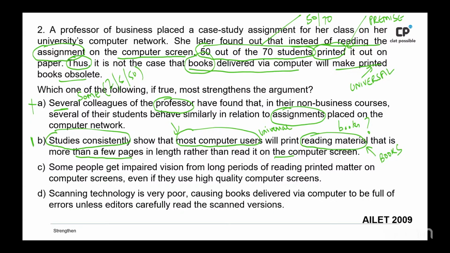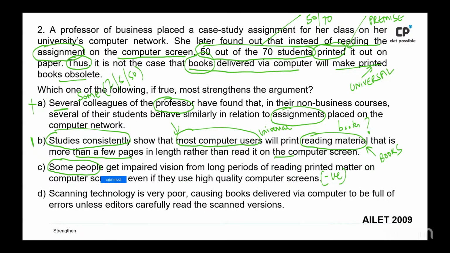C. Some people get impaired vision from long periods of reading printed matter on computer screens, even if they use high quality computer screens. So again, this shows a potential downside of reading from the computer screen. But again, this option is not a great option because it talks of some people.